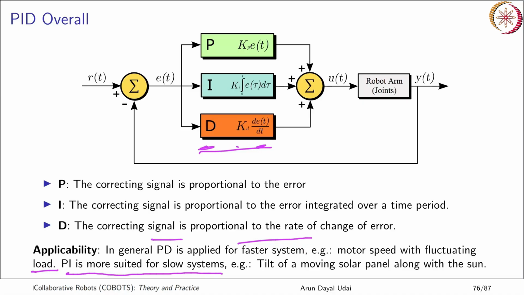You have a whole amount of time, so taking derivatives is not advisable, and PI is quite good enough. In either case, P is very much accepted. So this is just PID control, as a summary I have shown you.